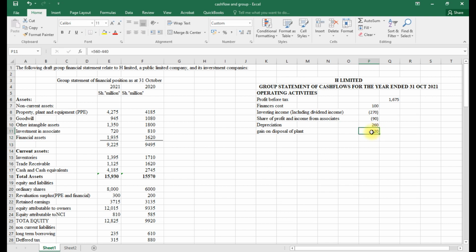It was 120, and I'll put a negative, we'll close this bracket, then here you'll put a negative, negative 120.